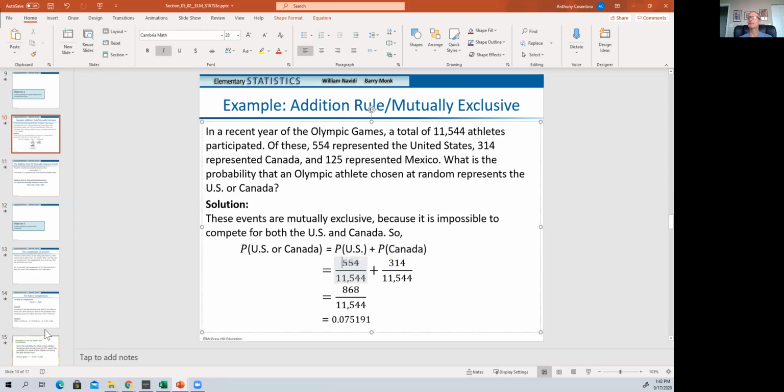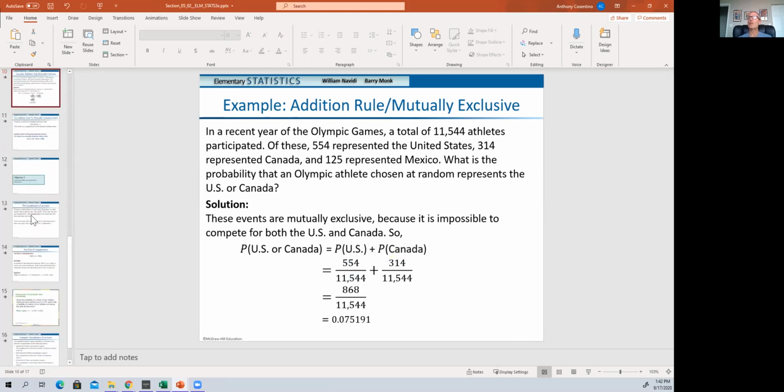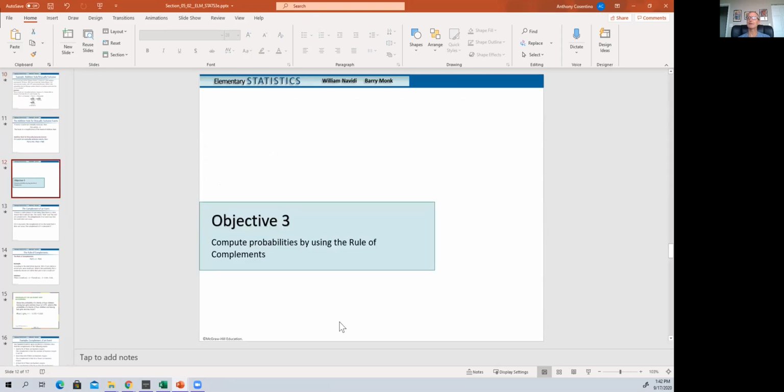The other topic in this section is this idea of complement. Sometimes it's called negation. It's the idea of calculating the not function, or the idea of something not happening.